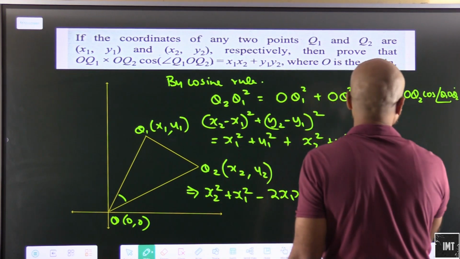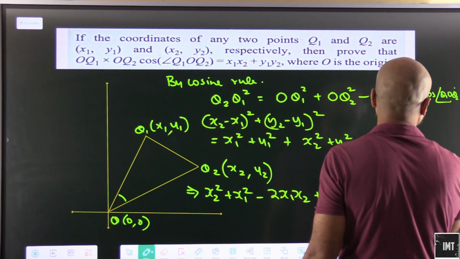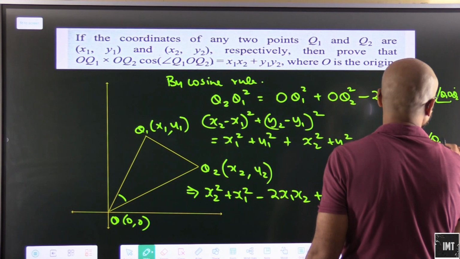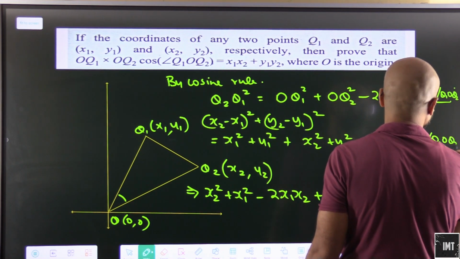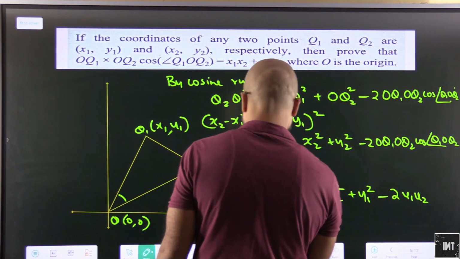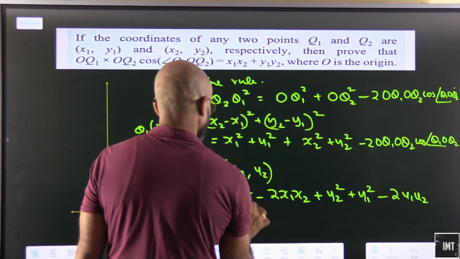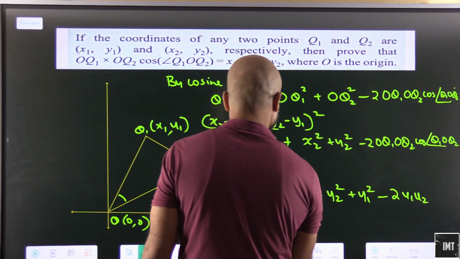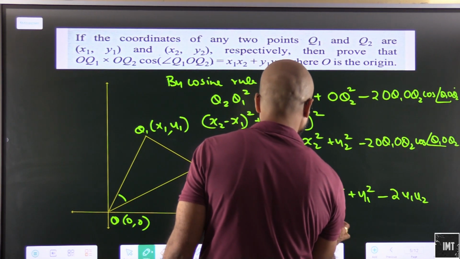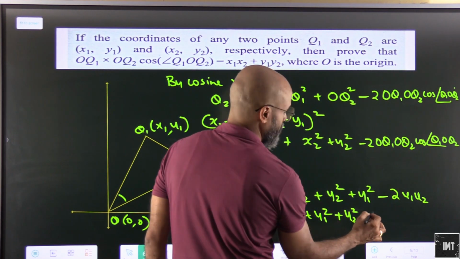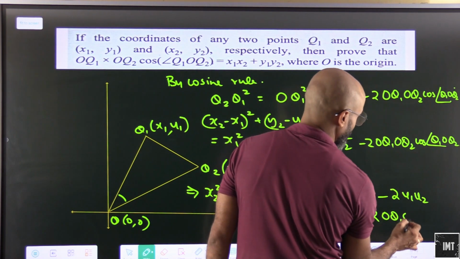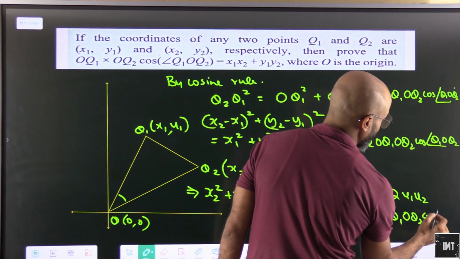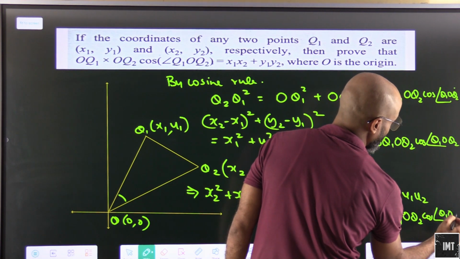minus 2 OQ1 OQ2 cos of angle Q1OQ2. Okay, so this will be x1 square plus x2 square plus y1 square plus y2 square minus twice OQ1 OQ2 cos of angle Q1OQ2.